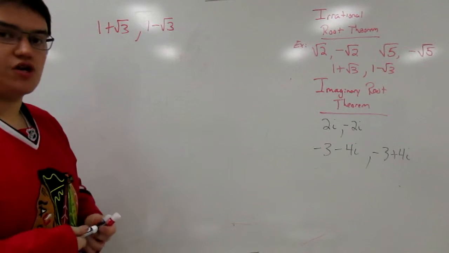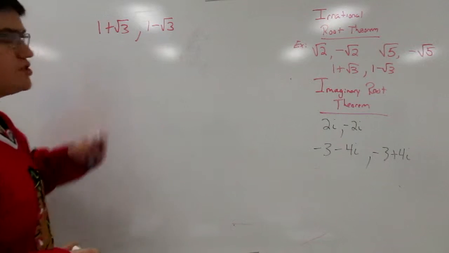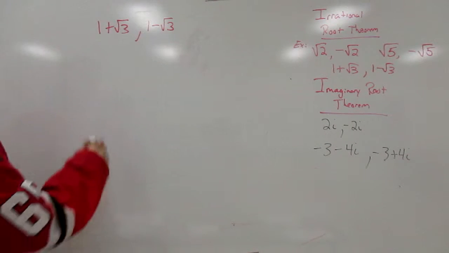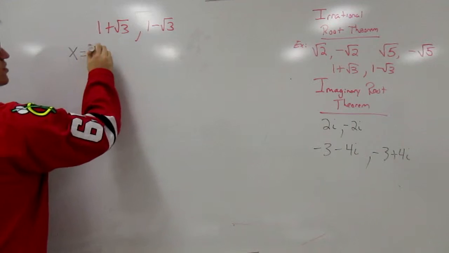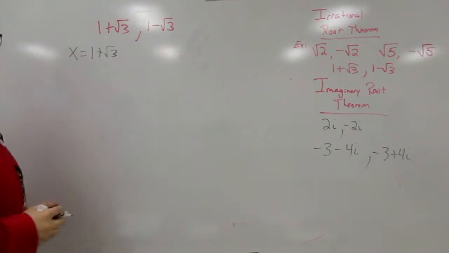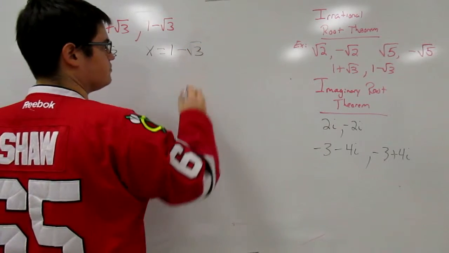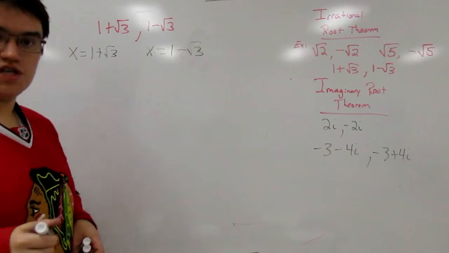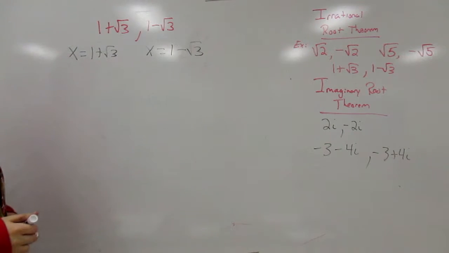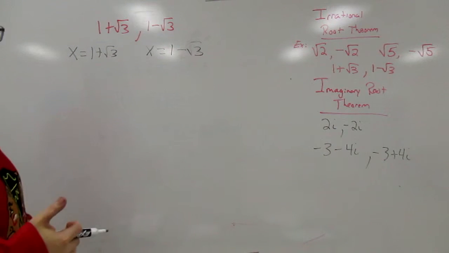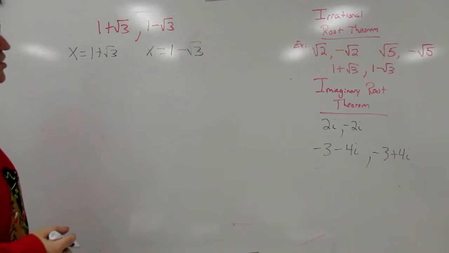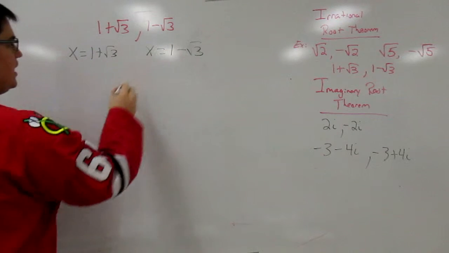Now I'll just go backwards. If I know these are the roots, the step that would have got me here: x equals 1 plus square root 3, x equals 1 minus square root 3. Make sure you're taking notes as this video is going through. Now the step before this, these would have been equal to 0, so I've got to move everything over to one side.